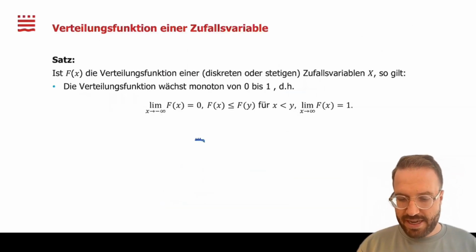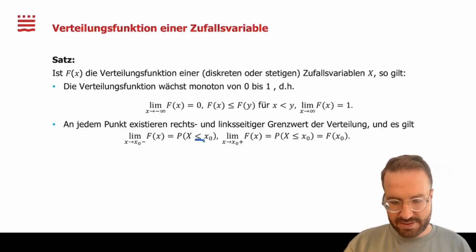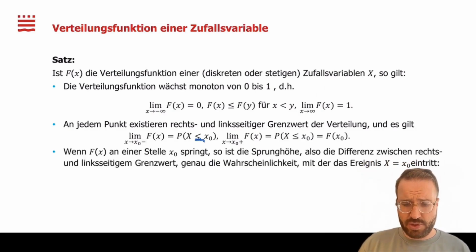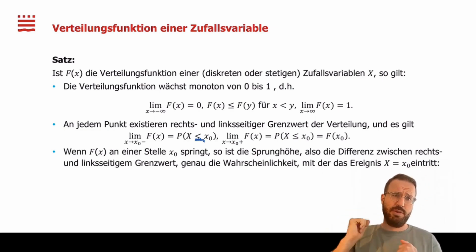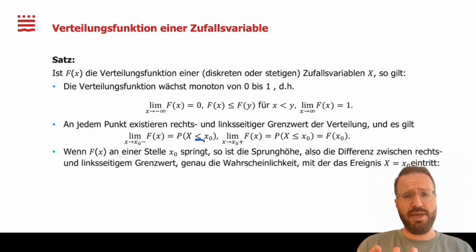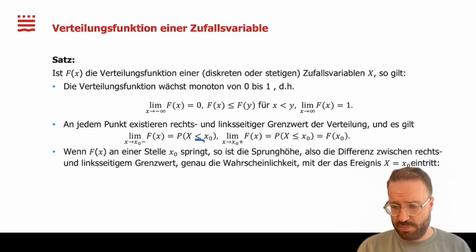Okay, and that also means, and this is quite an exciting thing, that when we have a jump point, the question arises, what does the height of the jump mean? And that is simply the probability that exactly this value occurs. So the jump height is nothing other than the probability that exactly X equals x0 occurs.